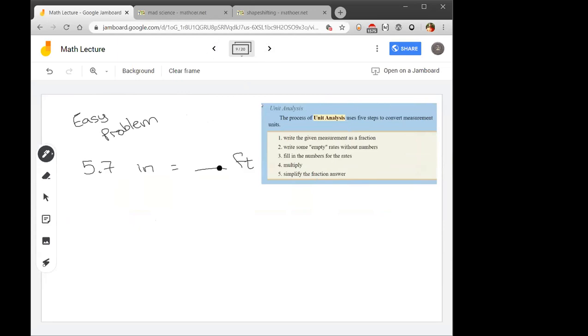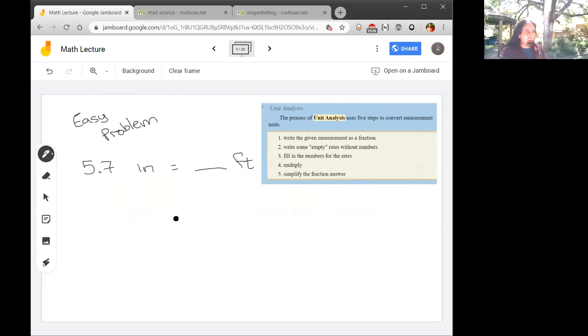Divide. So this whole thing is just going to turn out to be divide by 12. So that's okay. This is too much work for just dividing by 12, but bear with me. So my first step is to write the given measurement as a fraction. So they gave me 5.7. So I'm going to write 5.7. It's not a fraction. How do I make something into a fraction when it's not?